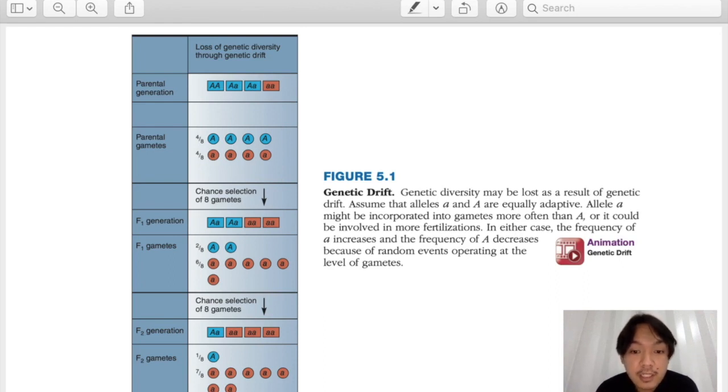So for the second generation gametes, we have 1/8 of the big A, and we have 7/8 of the small a. So that's genetic drift. The frequency of small a increases, and the opposite, the frequency of the big A also decreases. It will not always be equal.